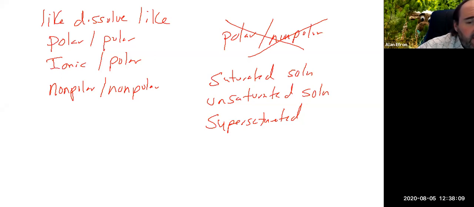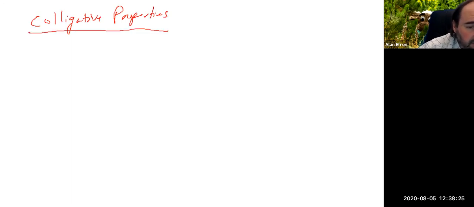So this led us into the idea of talking about colligative properties. Colligative properties are properties of solutions that are based on the number of particles that are dissolved.